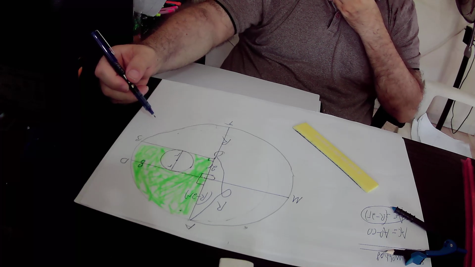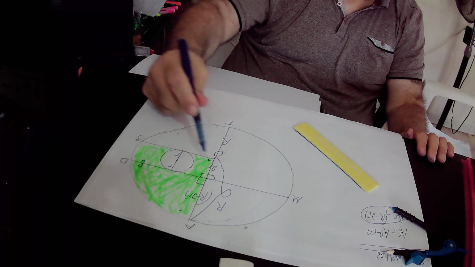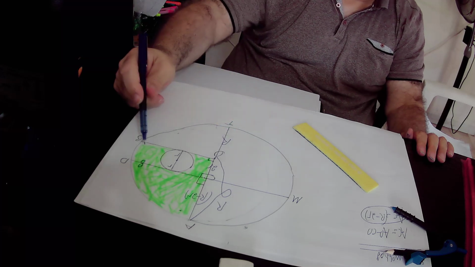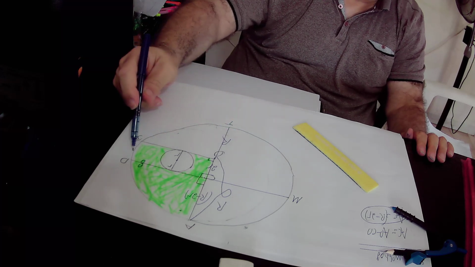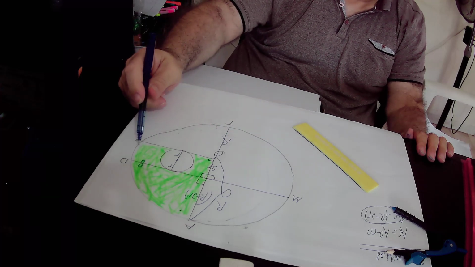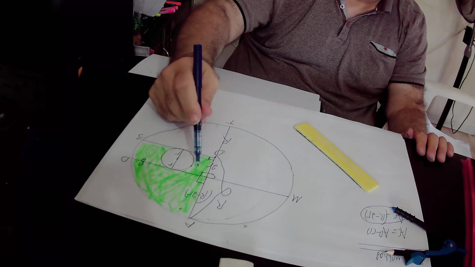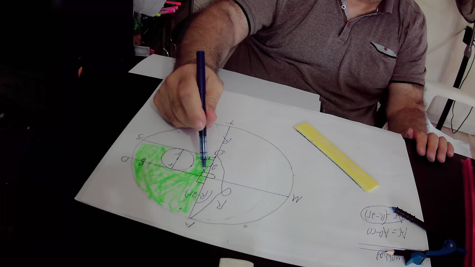Here we extended the straight line DC by a straight line, and the result is a straight line. So MD is a straight line. If we focus on the lower side of the straight line MD, at point C, the sum of the angles must be equal to 180 degrees.